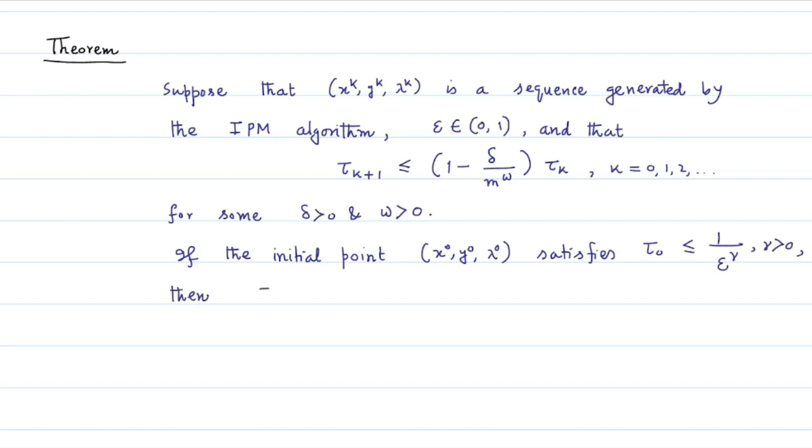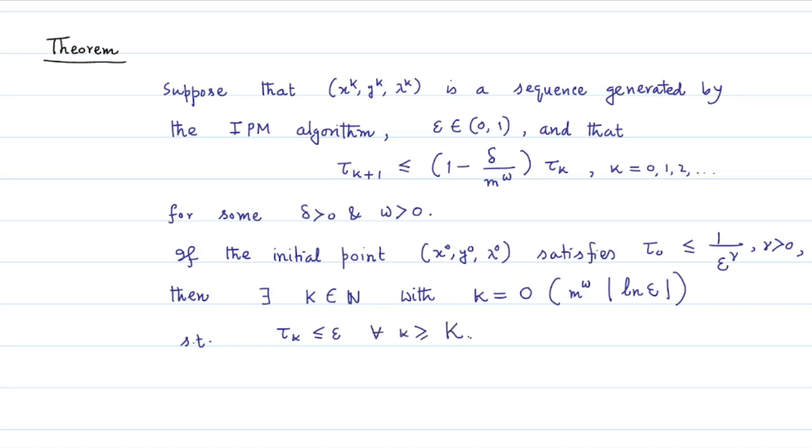then we can prove that there exists a natural number, an iteration number capital K, which is capital O of m to the power omega times the constant logarithm of epsilon, for which you have tau k less than or equal to epsilon for all iteration numbers greater than or equal to capital K. And in this result, what is it saying?